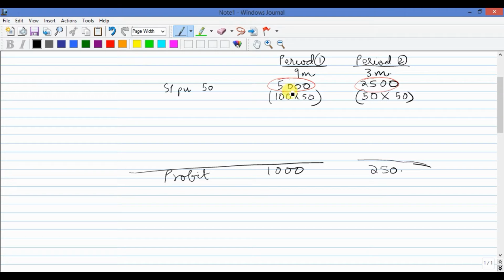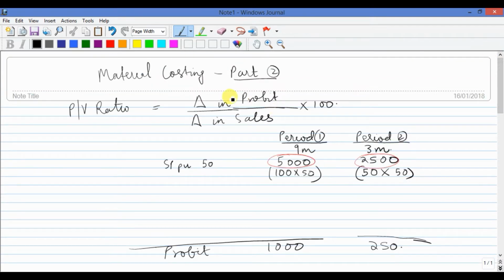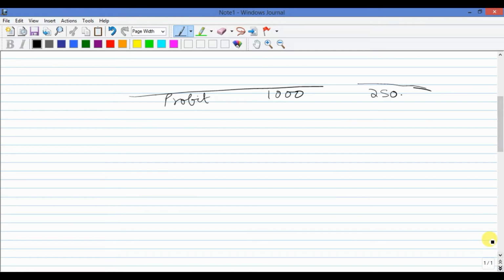So you have sales, you have profit, and now try to fit this formula in. The profit volume ratio is the change in profit divided by the change in sales into 100.